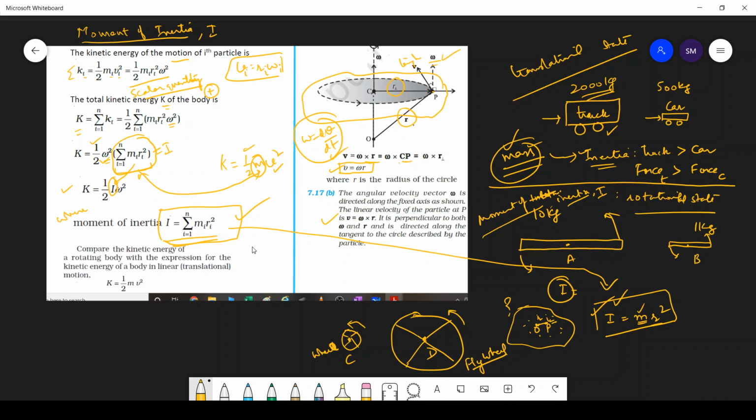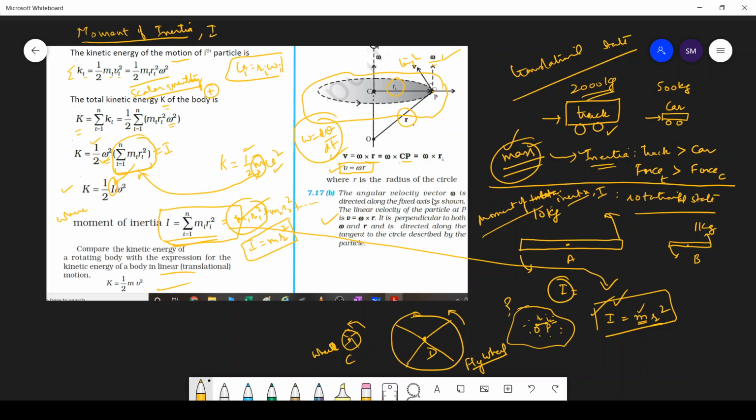So for a particular particle whose mass is m, any point particle, you can write this. What does this mean? This means m1 r1 square plus m2 r2 square plus so on. So if there is only one particle, then there will be only m1 r1 square. So I is equal to m r square: the moment of inertia of a particular particle whose mass is m and at a distance r from the axis of rotation is I equal to mr square.